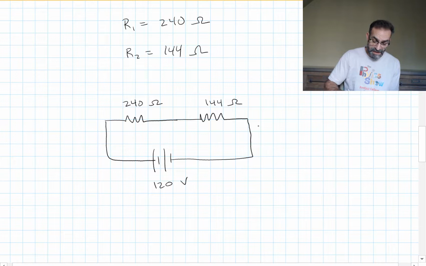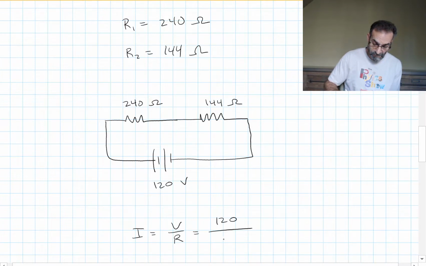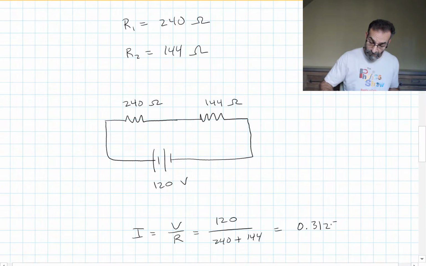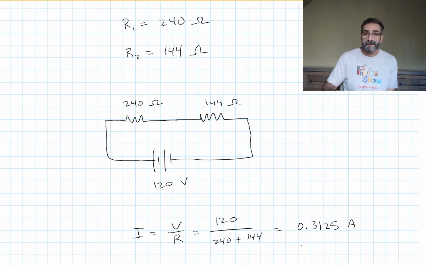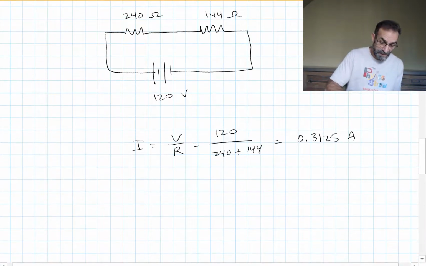So how much current is flowing through this circuit? A little less than 1/3 of an amp. The current has to be the same through both of these light bulbs.